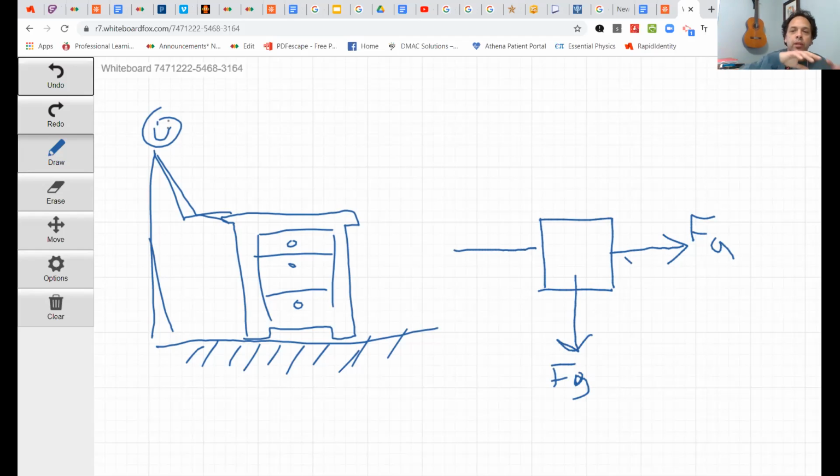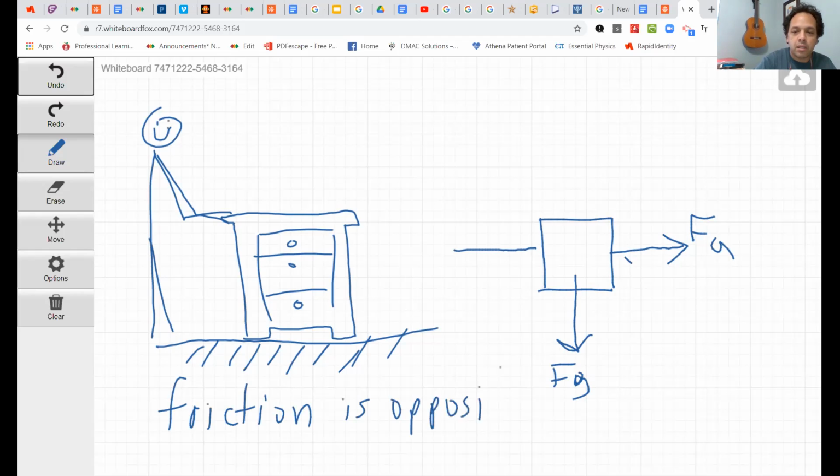And then, something to remember too with friction. Anytime something is on the surface, friction is opposite the direction of movement.